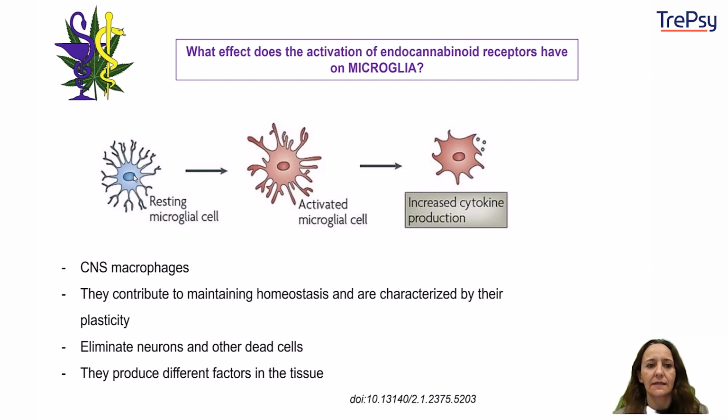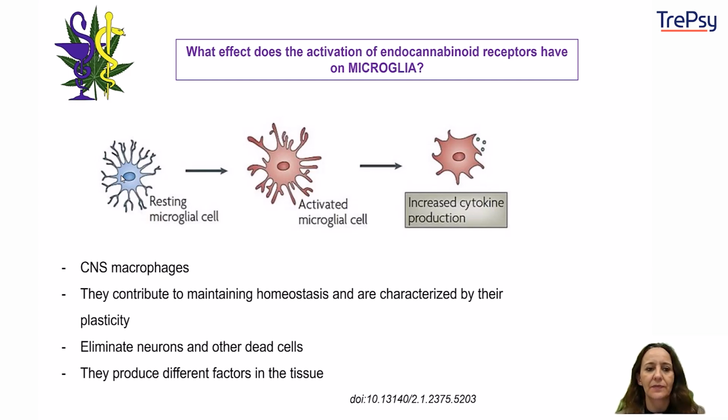The resting state is very similar to a tree with the branches, and when microglia is activated, it changes from a very branched state to a state with reduced branches. And then when they are producing cytokines, they are very active, more rounded and less branched.